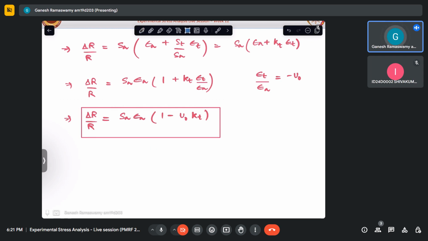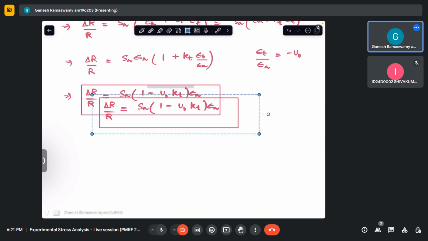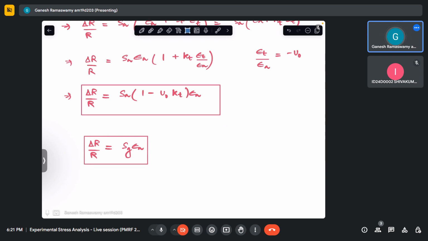So essentially what we do, we will push this to the end, and this entire thing we replace by the gauge factor Sg into epsilon A. And this gauge factor is only to be determined, which is determined experimentally and supplied by the manufacturer centrally.